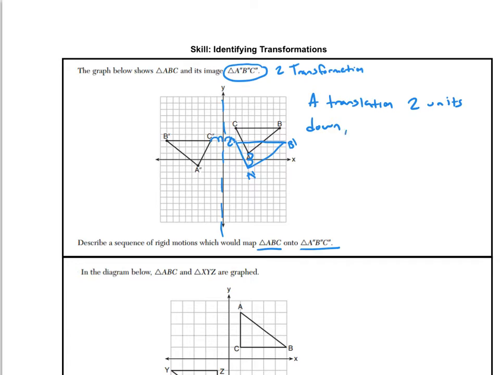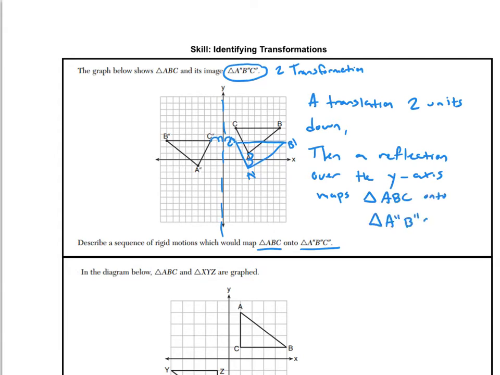They're both 2 units away from that line, so that means it's symmetrical on both sides. So then, did I just say translation? Boy, you gotta be kidding me. Not a translation, then a reflection over the y-axis maps triangle ABC onto triangle A double prime, B double prime, C double prime.